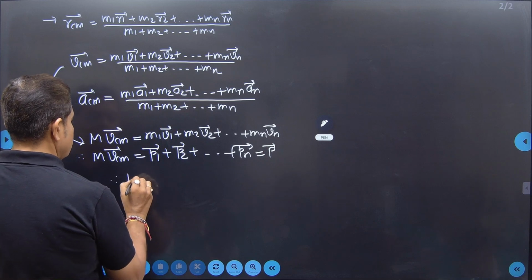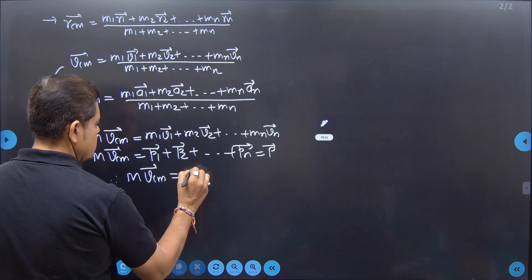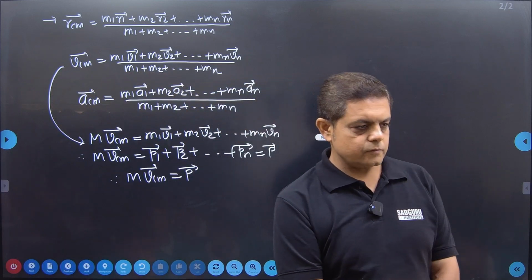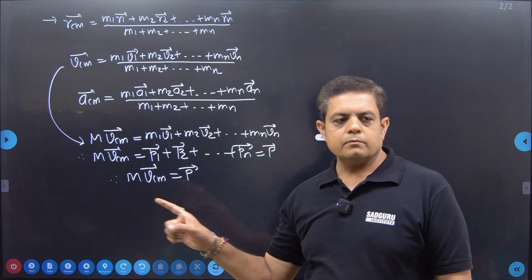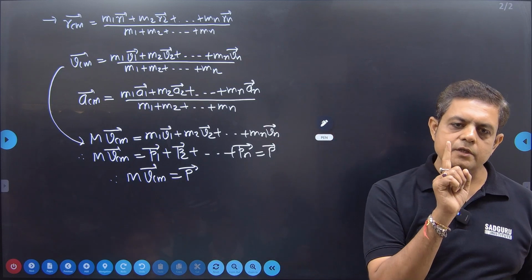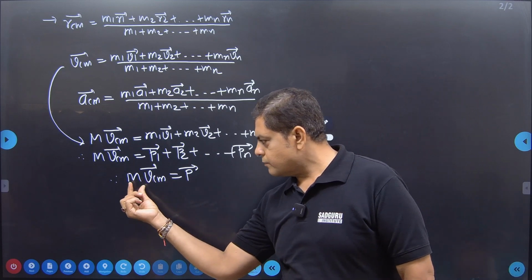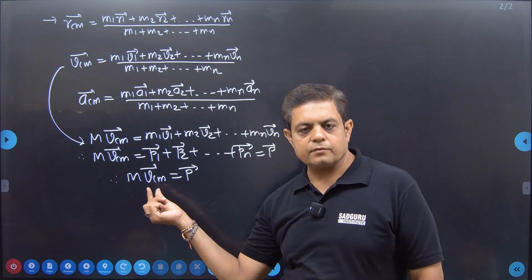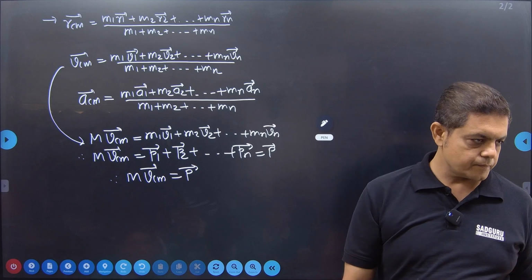So if I have to find the total linear momentum of the system, what I need is the mass of the whole system but the velocity of the center of mass only. The product of the mass of the whole system and the velocity of the center of mass gives me the total linear momentum of the system.